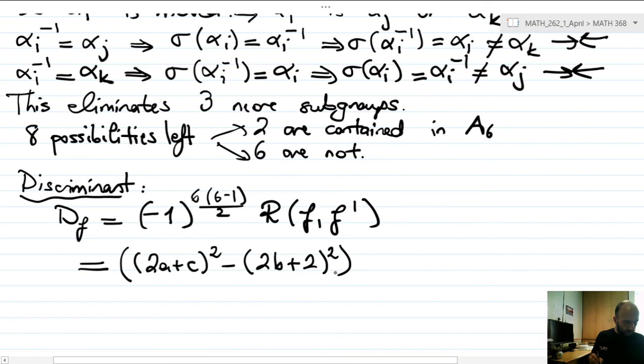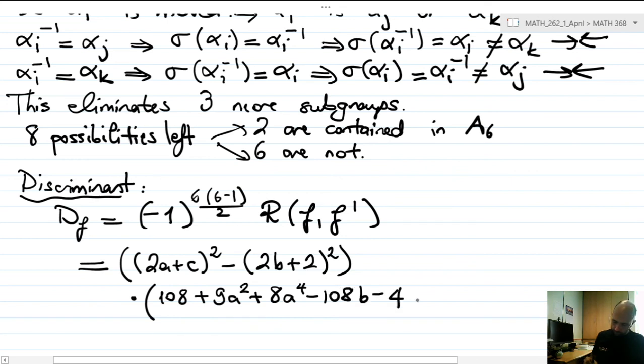You have such a factor times a much larger factor, but this second factor will be less relevant for us for reasons which will be clear. Okay, this is what Mathematica gave when I plugged in f and f prime to the determinant.